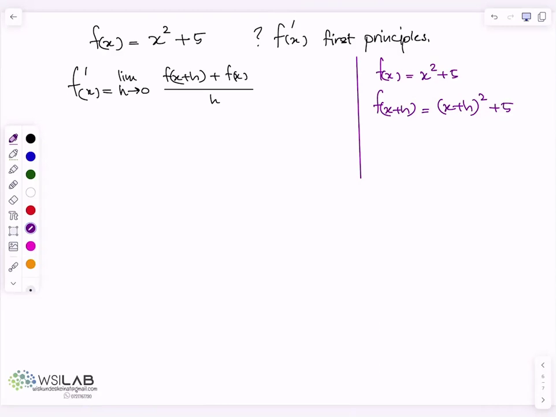Oh, sorry, I've made a mistake here. Look, there's not a plus there, it's a minus. Sorry about that. I don't know why I put a plus there.